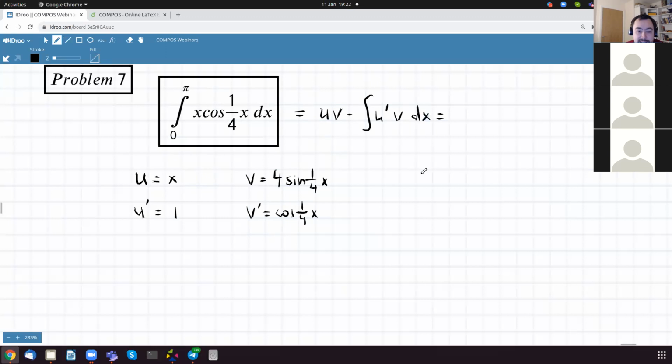So uv is x times 4 sine 1/4 x, 4x sine 1/4 x, minus the integral of u prime, so it's 1 multiplied by v, which is 4 sine 1/4 x dx, and limits from 0 to pi.